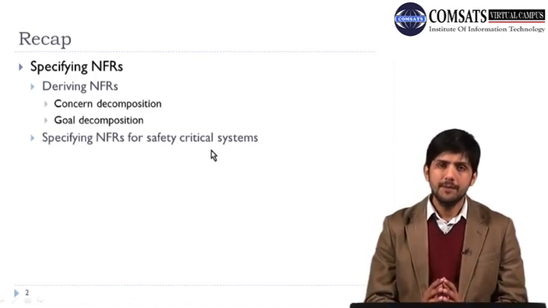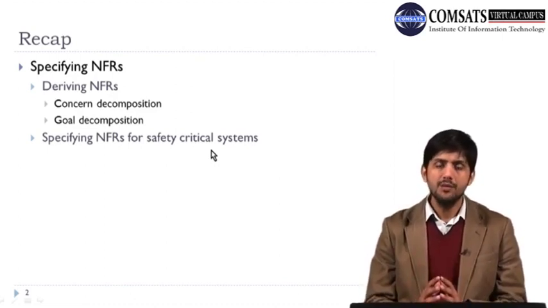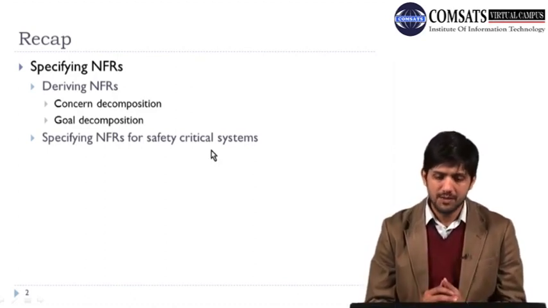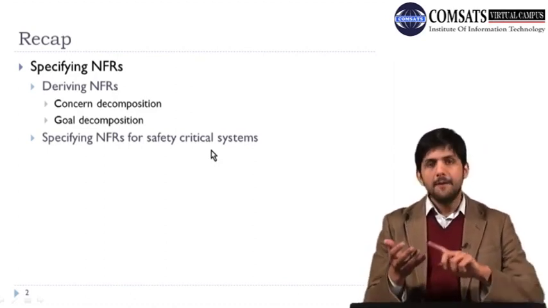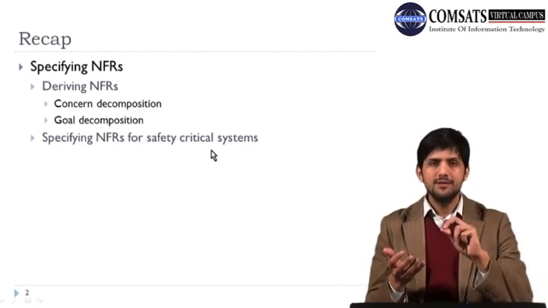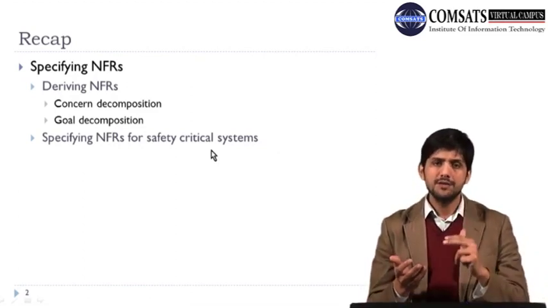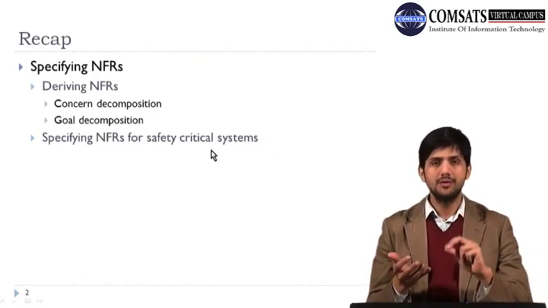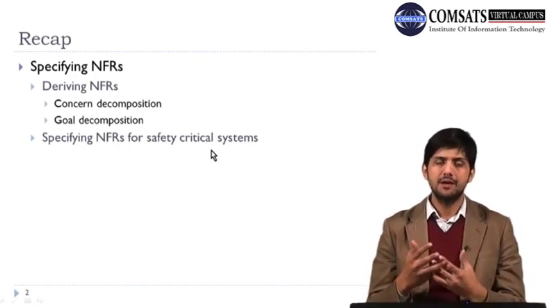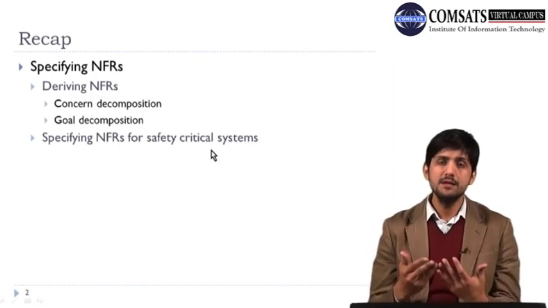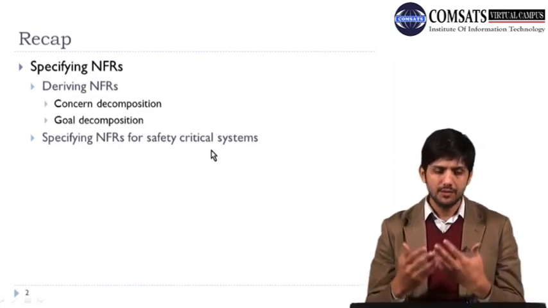Then we talked about how we derive these non-functional requirements. Generally we said that a client or the end user would specify them as concerns or goals. So there are two ways of deriving these non-functional requirements: one is through concern decomposition and the other is through goal decomposition.